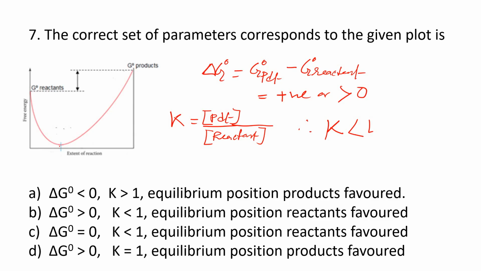So what is the condition? The condition is this: here we have seen that delta G0 is greater than 0, and K must be less than 1. So here option B: delta G0 greater than 0, K less than 1, equilibrium position, reactant favored. So this is the set of parameters.